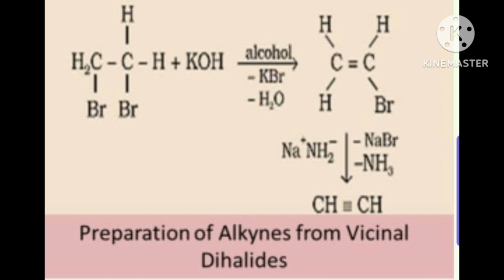The first three members are gases, the next 8 are liquids, and the higher ones are solid. Reason: if the carbon number is less, up to maximum 4, it will be in vapor form, because carbons are less, so molecular mass will be less. After that, as the carbon number increases, the gas will convert to liquid.